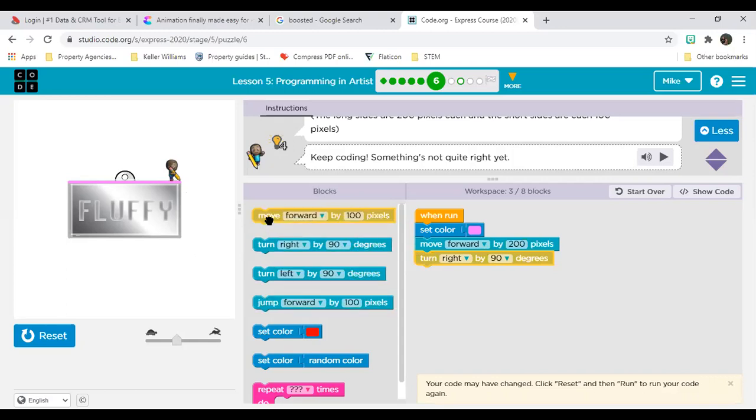So we'll just move forward again, and we know from our instructions that our short sides are only 100 pixels. Okay, and then we will turn right, and we will just keep repeating the same commands. Turn right, move forward by 200.